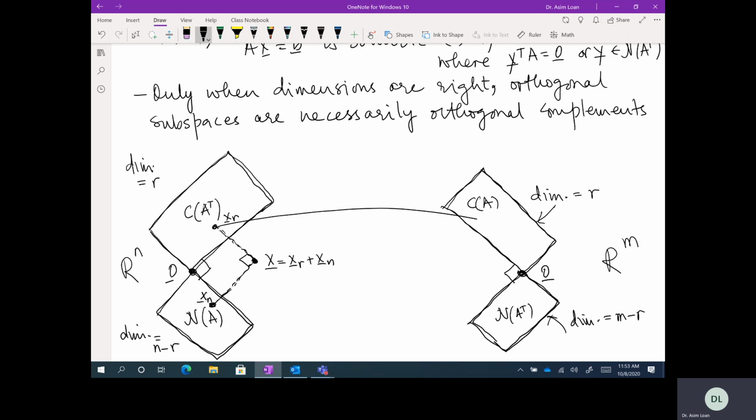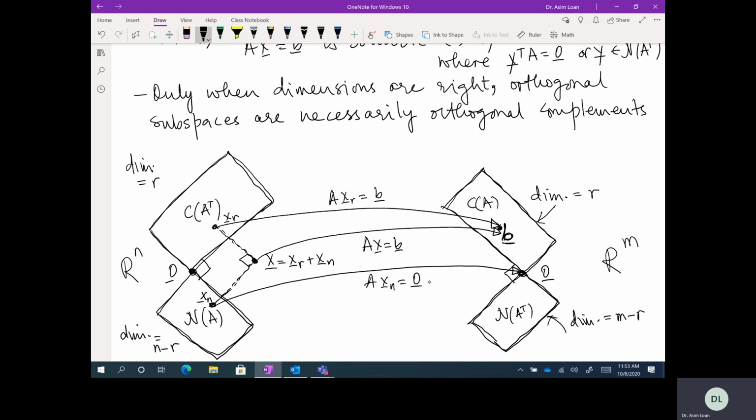This xr maps to this vector over here. This is some b. You say A times xr equals b. This vector also maps to this one. This is A times x equals b, and this vector maps to 0, A times xn equals 0.